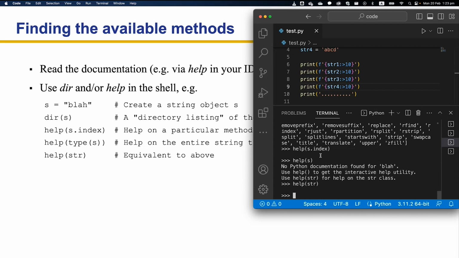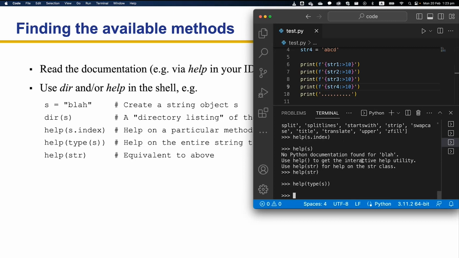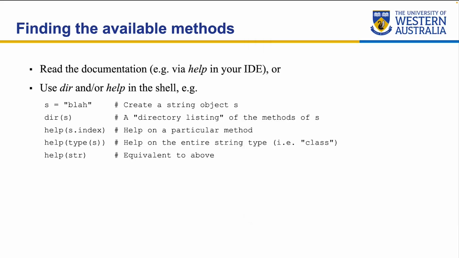Press Q to quit out of the help menu. Okay, help type S also works by showing the class help menu as well. So these are some different ways to get some documentation about those.